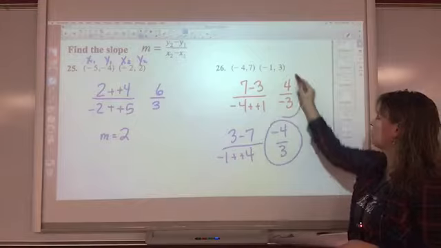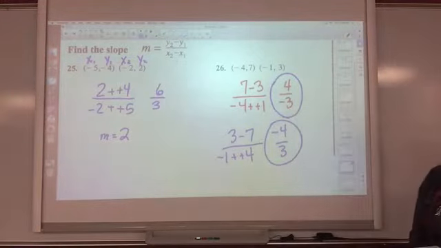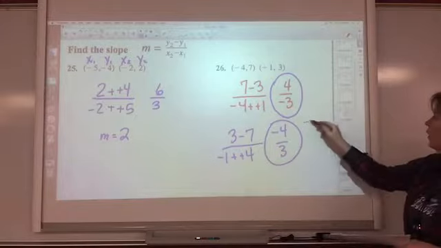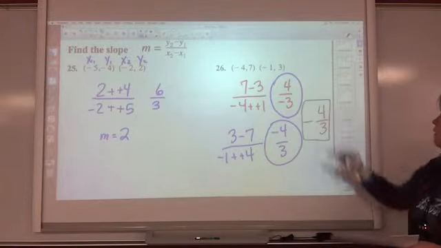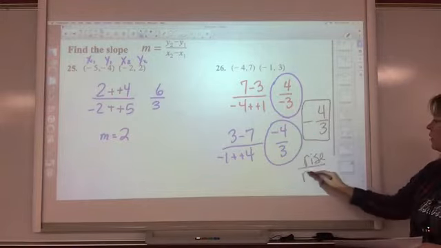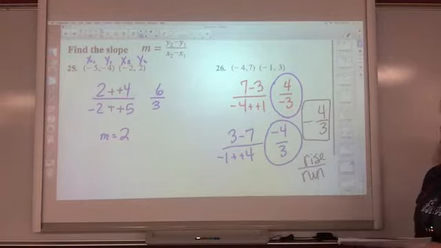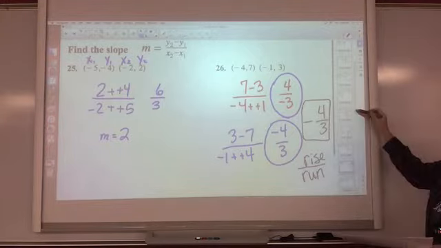These are equivalent answers. Doesn't matter where you put the negative. It can be in the numerator, it can be in the denominator, or it could be out in front. Just please make sure you leave it as an improper fraction, as slope is measured as rise over run. At no point ever would you turn that into 1 1/3 or 1.333. Keep it as rise over run.